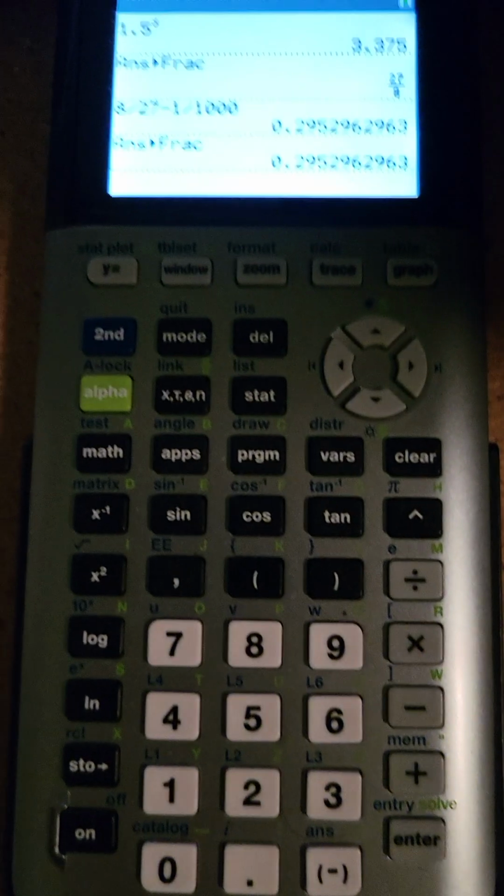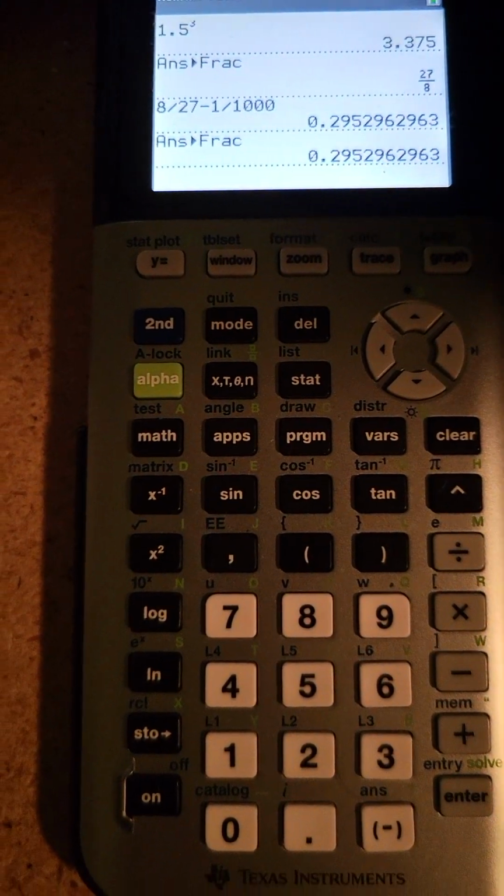Let's do that in the calculator. 8 over 27 minus 1 over 1,000. It's just leaving me a decimal. It doesn't want to make it into a fraction.